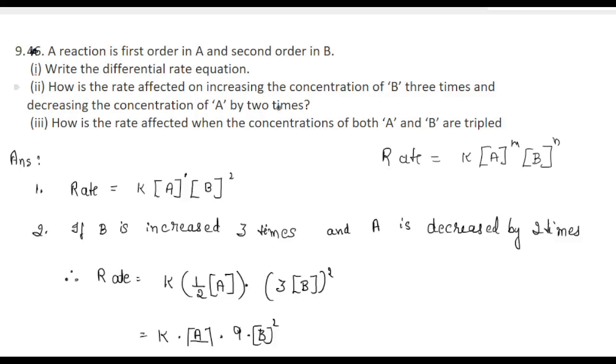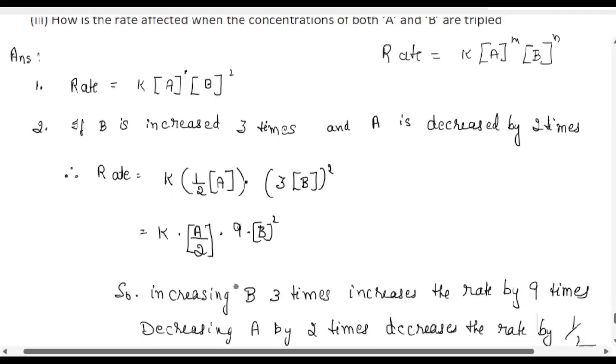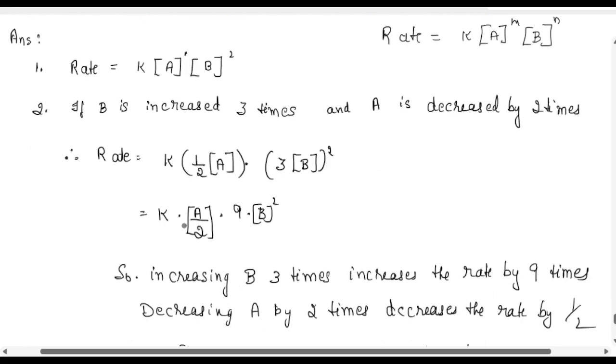How is the rate affected on increasing the concentration of B 3 times and decreasing the concentration of A by 2 times? So, increasing the concentration of B 3 times means 3B the whole square. And decreasing the concentration of A by 2 times, it is half of A. On solving this, we get K into A by 2 into 3 square is 9, 9 into B square.